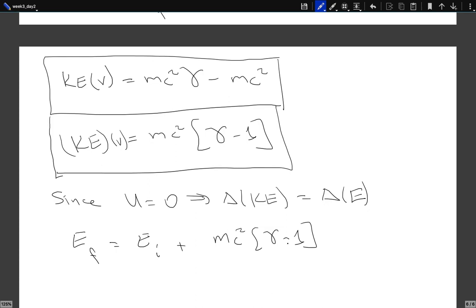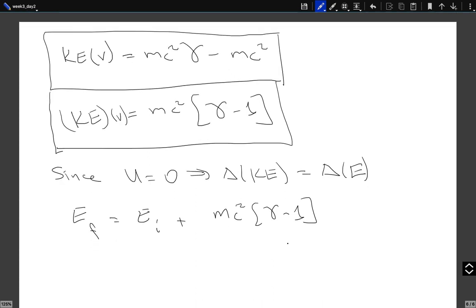Since there is no potential energy, the change in the kinetic energy is the change in the energy, while the change in the energy of the object is just E final minus E initial. The change in the kinetic energy, we had calculated it to have this value. So E final is equal to mc squared times gamma plus E initial minus mc squared.